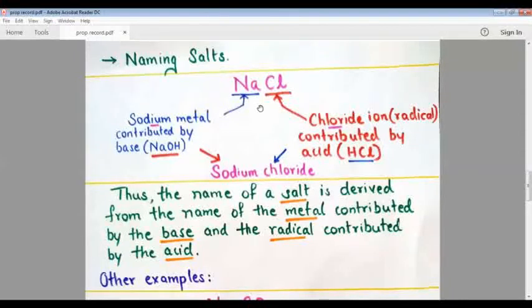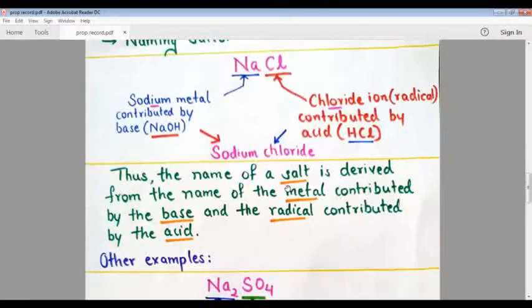So we can predict that the sodium metal is contributed by sodium hydroxide, which is a base, and the Cl part is contributed by the acid, that is hydrochloric acid. Thus we can say the name of the salt is sodium, which comes from sodium hydroxide, and chloride, which comes from hydrochloric acid. Thus the name is sodium chloride.